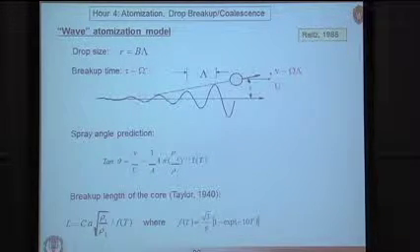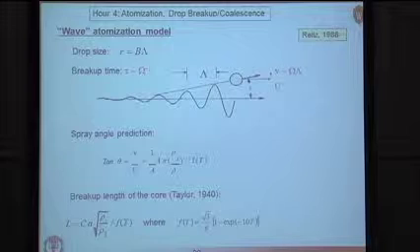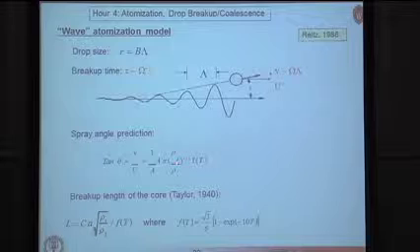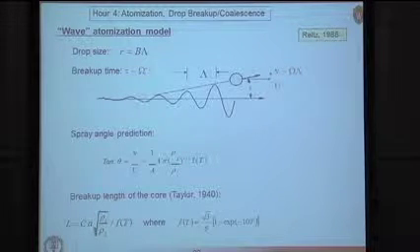Okay, so the other thing you can get from this theory is an idea of the spreading rate of the jet, because basically if I know the radial velocity component and the axial velocity component, I can relate those again through a constant A here. And it turns out that the spreading rate is dependent on the ratio of the gas density and the liquid density times a function of Taylor's number.